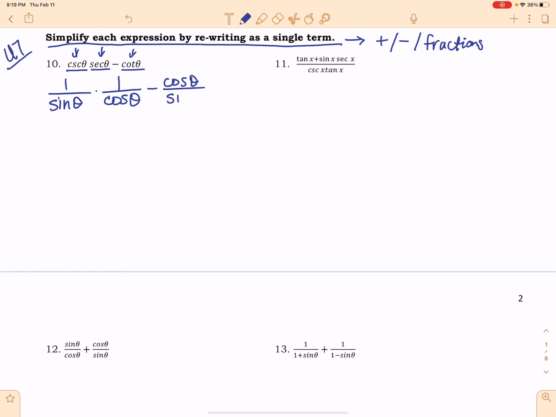Sorry about that. Okay, so what we have here now is we've got these two fractions multiplied together, so I am just going to write those as one fraction. And then we're subtracting another fraction from it. So what we want to do here is we want to get a common denominator so that we can combine these fractions into one term.